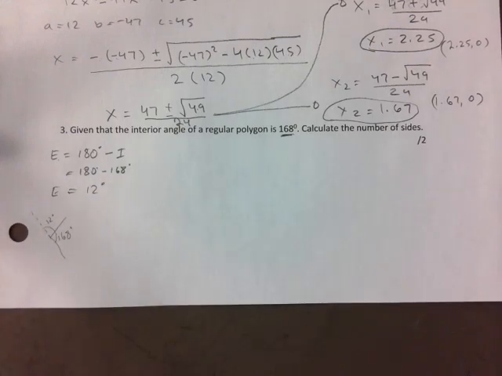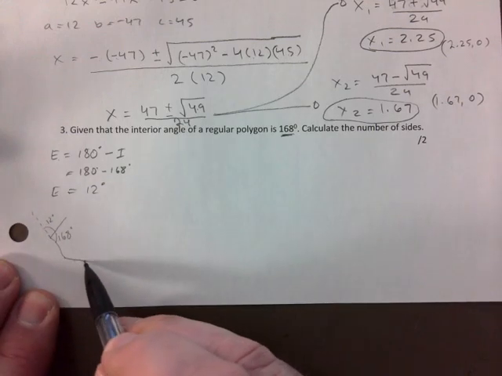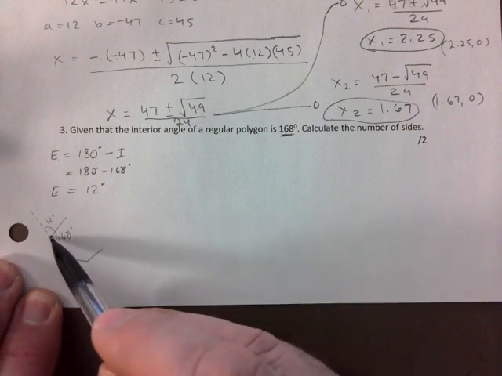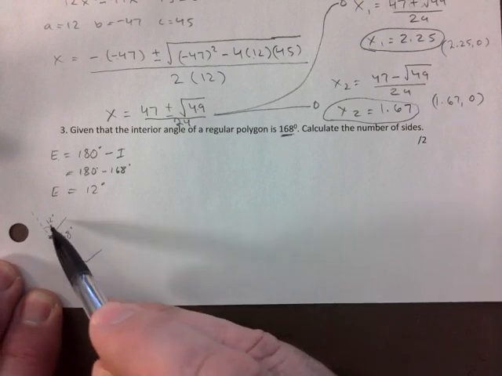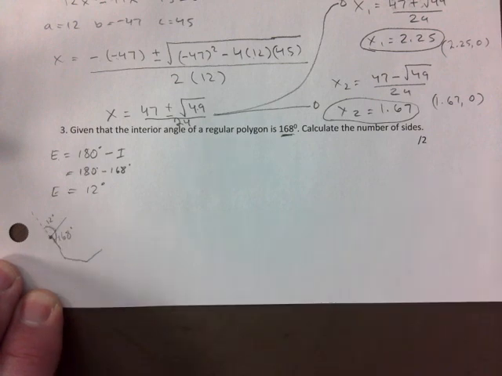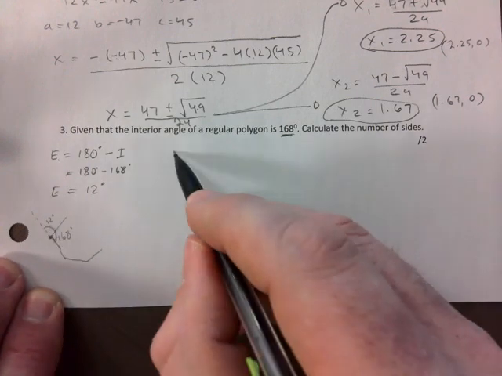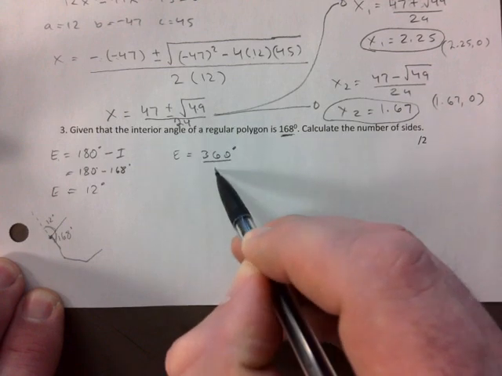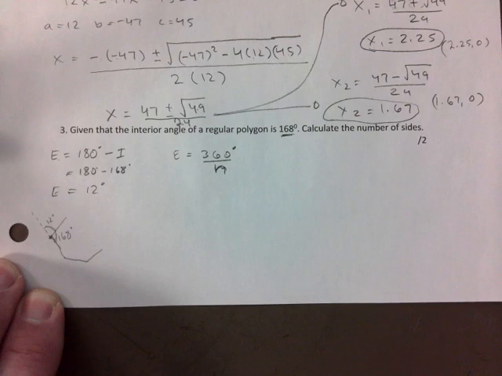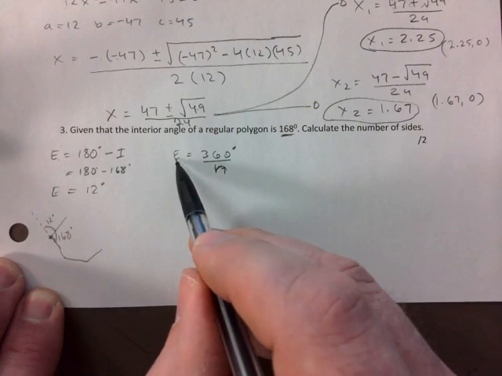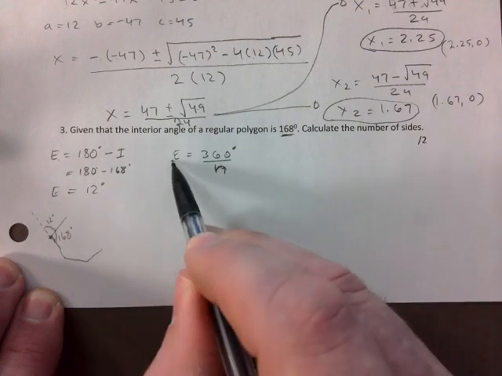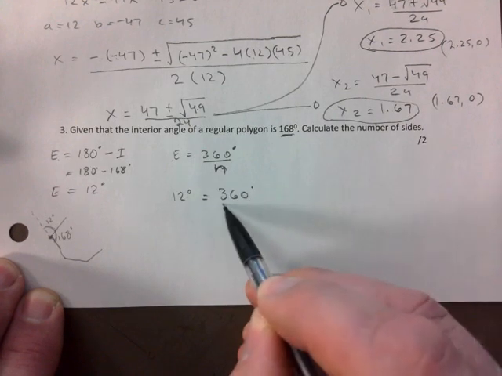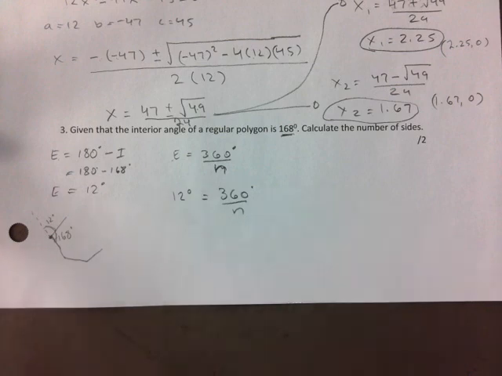Okay. So I guess our polygon continues, and at any particular corner, if you know the interior angle, you know that the exterior angle would be supplementary to it. And I also know that the exterior angle is 360 divided by the number of sides. So I can replace the exterior with 12 degrees and place it like that.